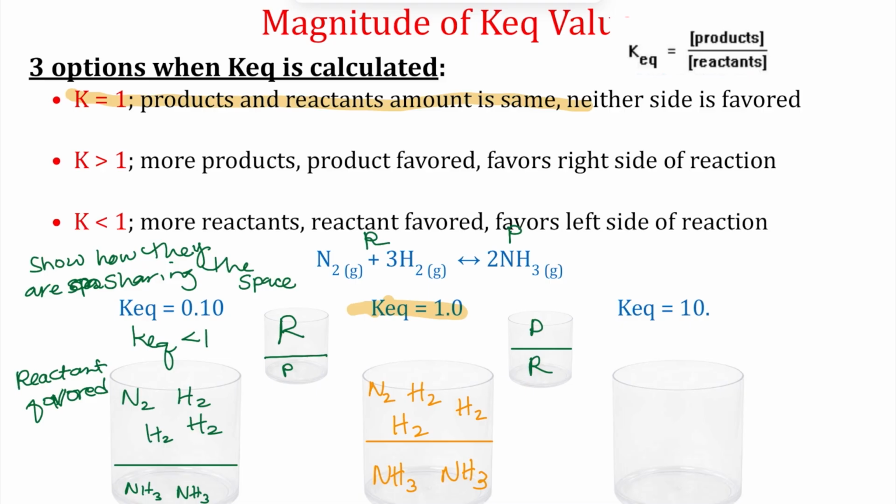All right, last one. If we have a Keq of 10, well, Keq of 10, that is greater than 1, which means we have more products. So this number is bigger than this one. So our products are favored, and so we've got that Keq greater than 1, products favored.